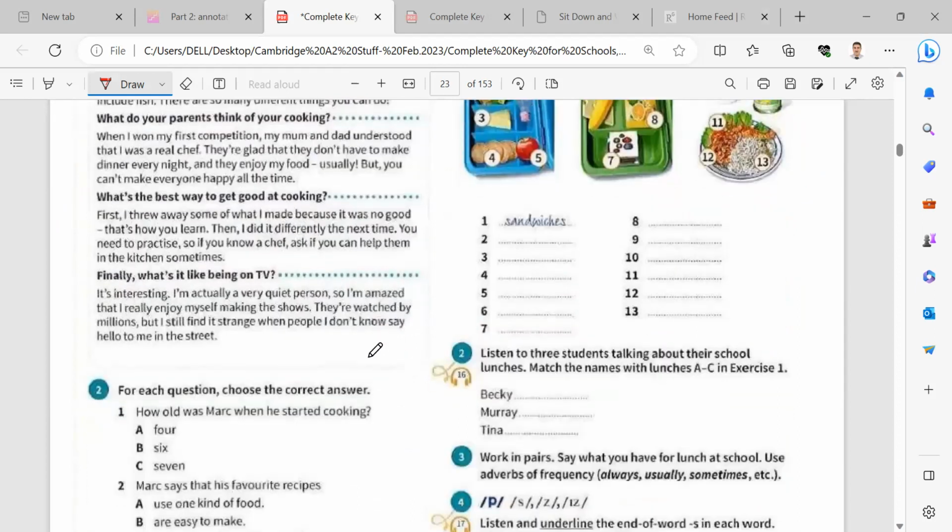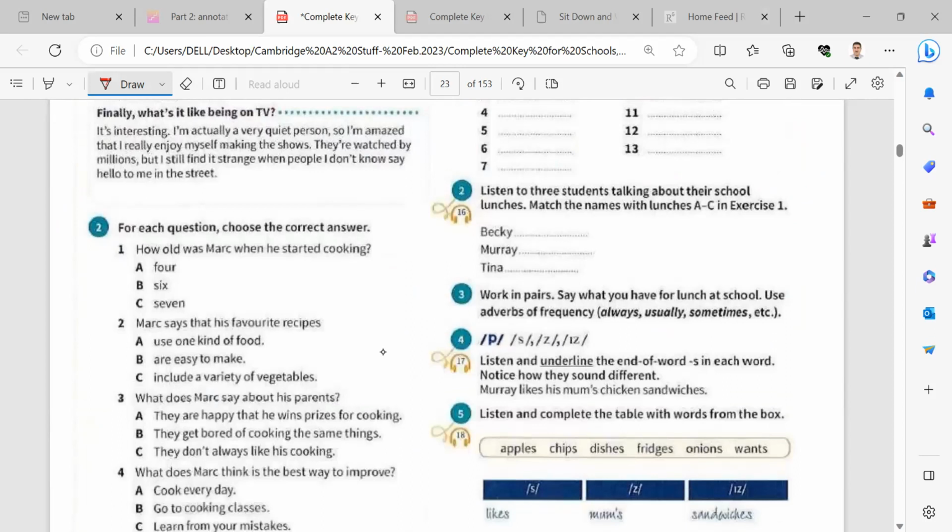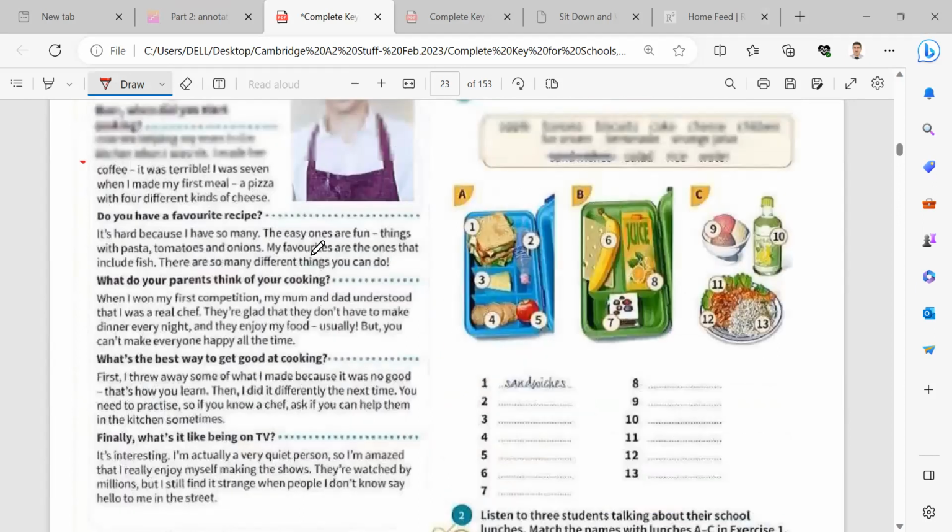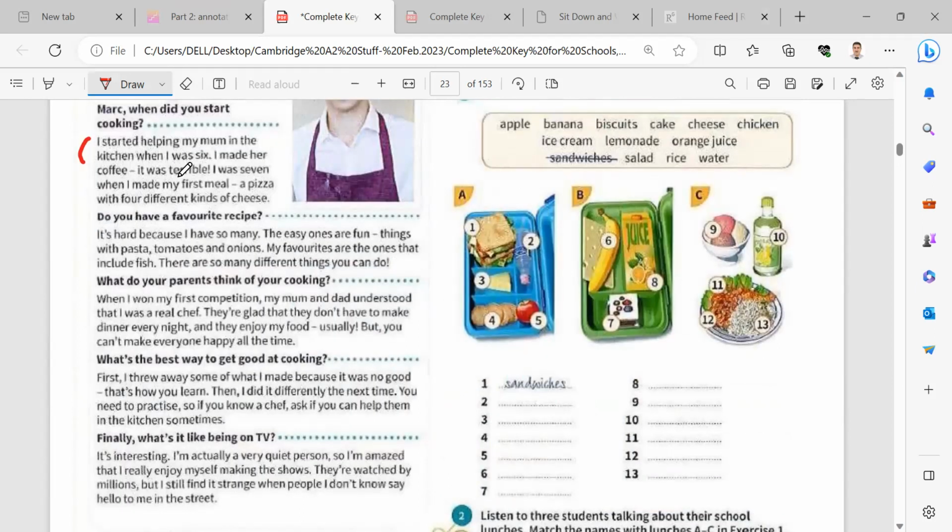But before you start, read the question. For example, how old was Mark when he started cooking? You should read the question and then start scanning until you find the right answer. Does it make sense?